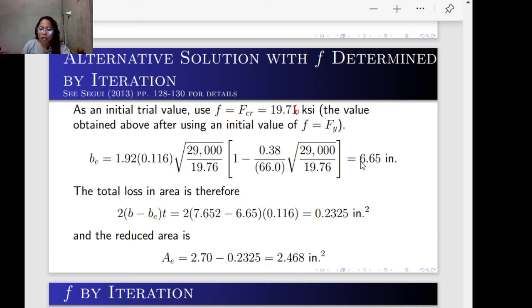Here small f is equal to this FCR. B sub E is equal to 6.65 inches.